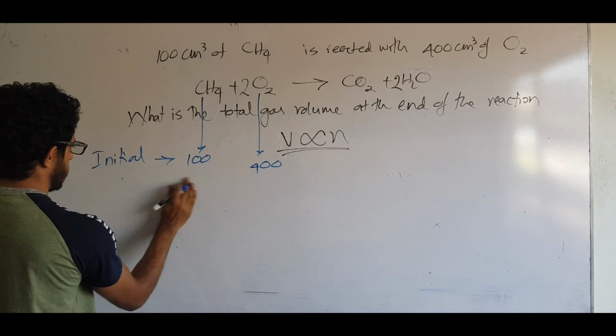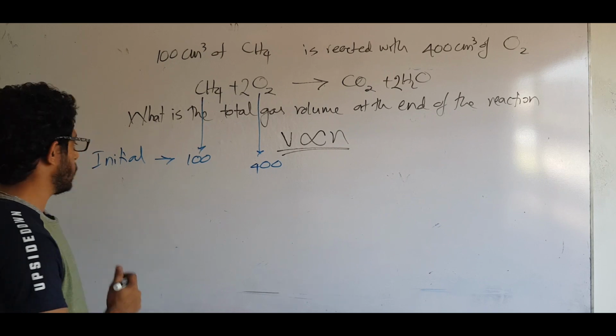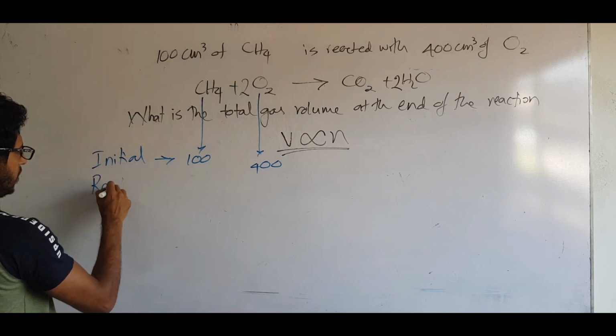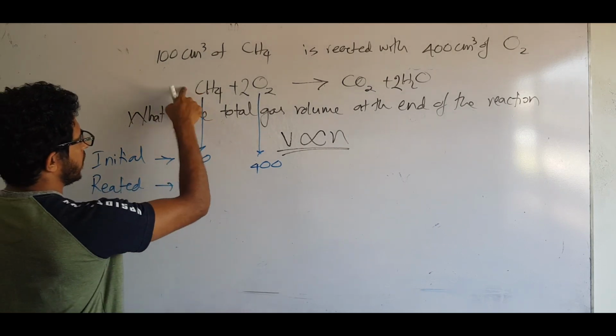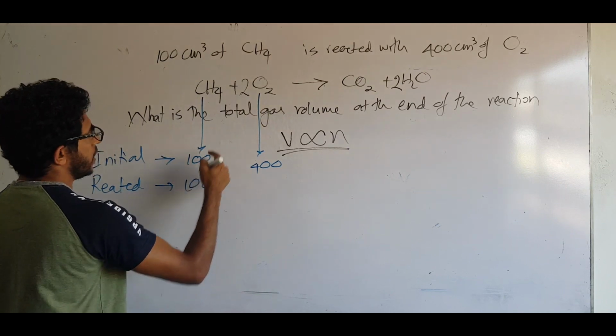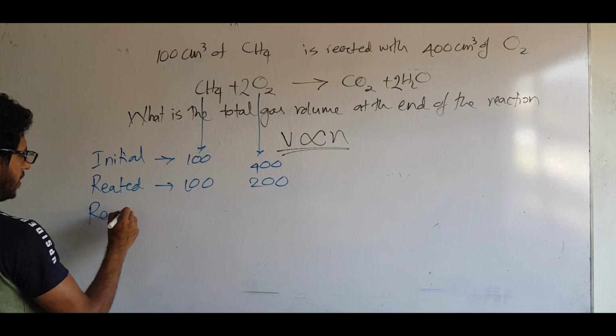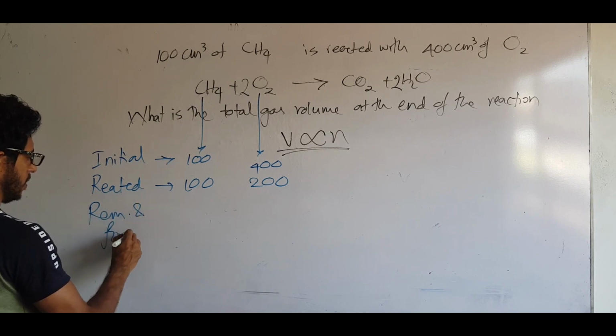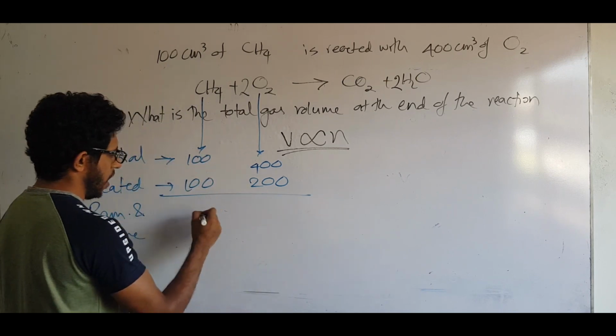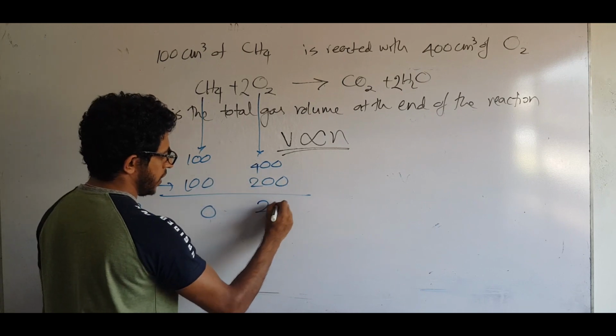This commonly comes for the MCQs, but it can be asked for the essay part as well. And reacted, what is the reacted then? With this 1 to 2, this 100, only 200 would react. Then remaining and formed: 100 minus 100 is 0, 400 minus 200 you will get 200.